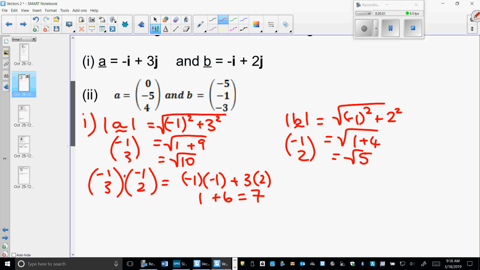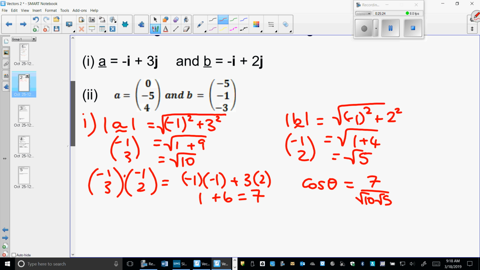So now we can say that cos theta is equal to the dot product, which was 7, over these two lengths multiplied by each other. You can just write root 10, root 5. What happens when I just multiply these?